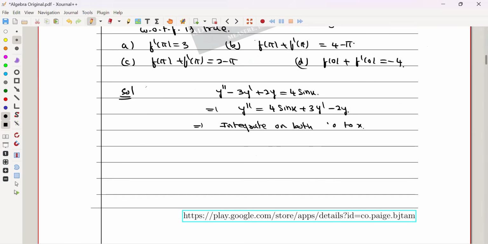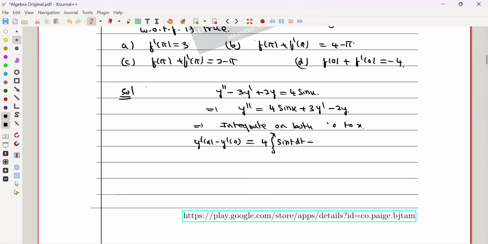So therefore, the integration of y double dash with limits from 0 to x dx, which is equal to y dash of x minus y dash of 0, which is equal to 4 into the integration of sin t dt from 0 to x.